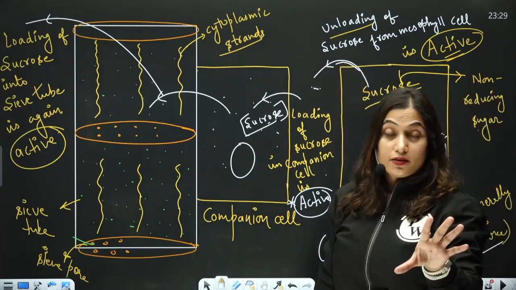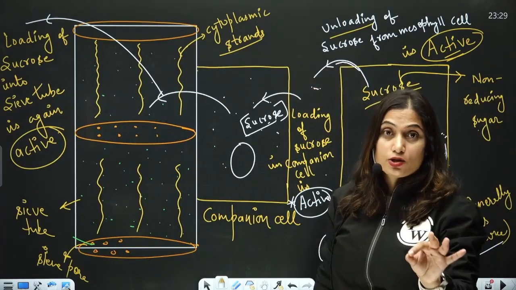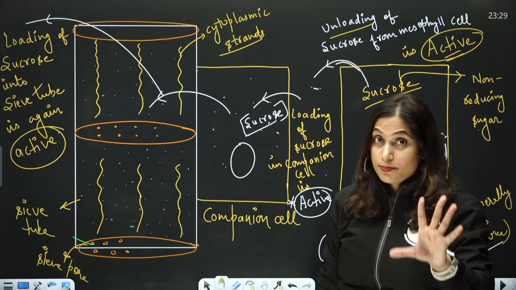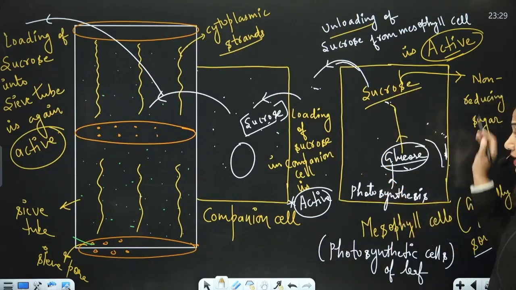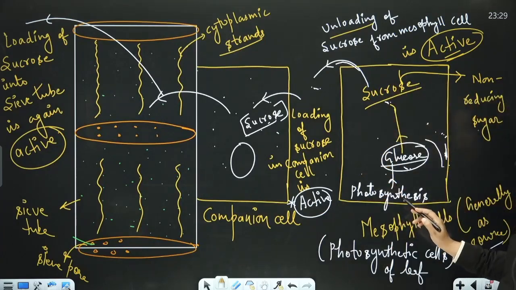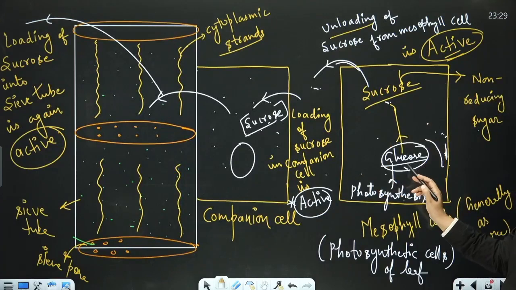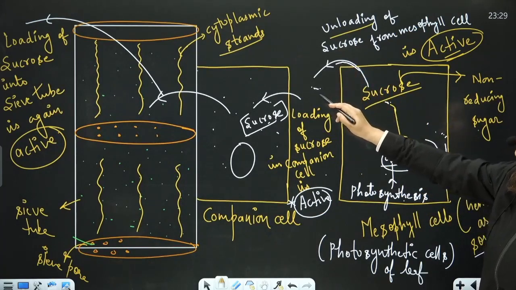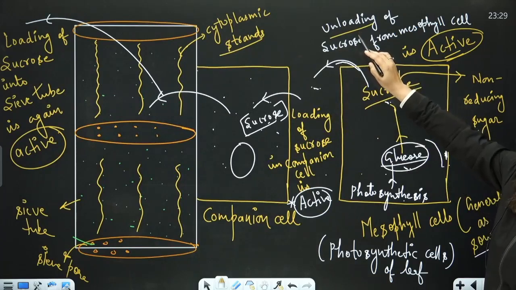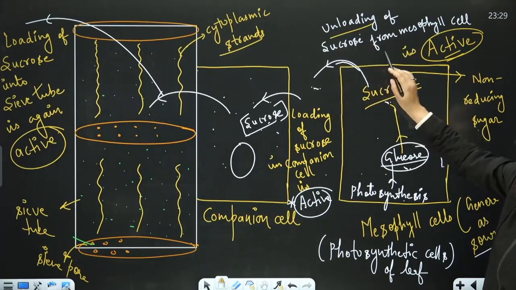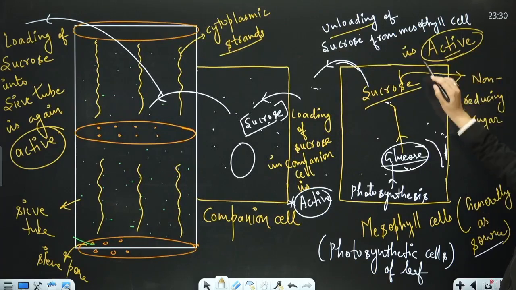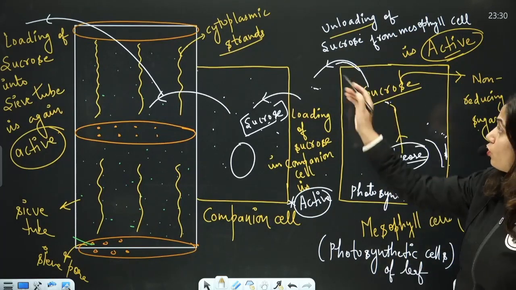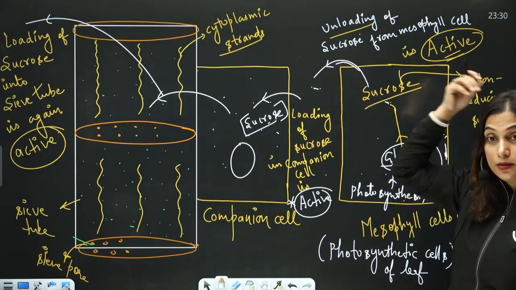This is active. This takes energy. Step by step: mesophyll cell, photosynthesis occurred, glucose formed, glucose is changed into sucrose, sucrose is taken out of the mesophyll cell, and see what is written over here. Unloading of sucrose from mesophyll cell is active. To take sucrose out of the mesophyll cell, energy is needed.